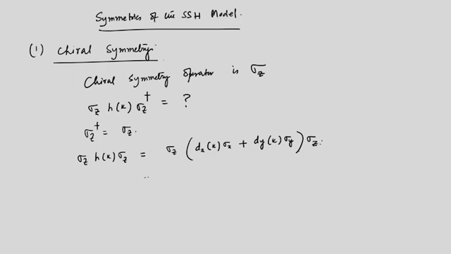So, we need to check these quantities. dx is solely a function of k and is just a function, it is not a matrix or an operator. So, we have to check dx sigma z sigma x sigma z and plus dy of k sigma z sigma y sigma z, what it becomes. So, we need to calculate this and we need to calculate this.